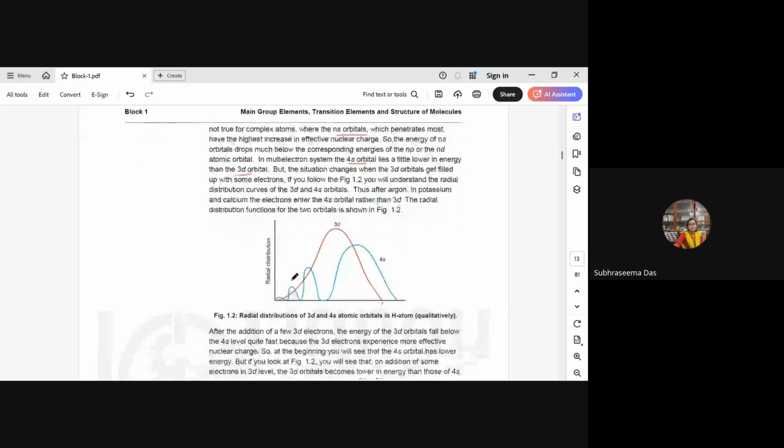If we look into this plot, the red plot indicates the radial distribution function for a 3d orbital. But when we have 4s atomic orbitals in the H atom, the radial distribution curve changes.